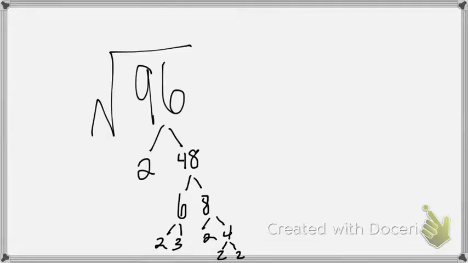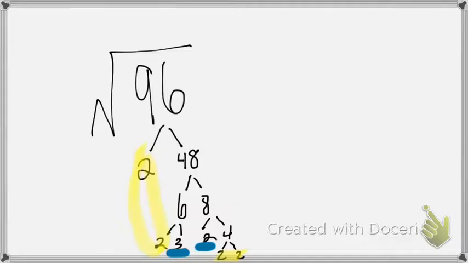At this point, we have to find everything that is a pair, okay? So, we have a pair of 2's down here. We have a pair of 2's right here, and is there any other pairs? No. What we have left is simply this 3 and this 2.